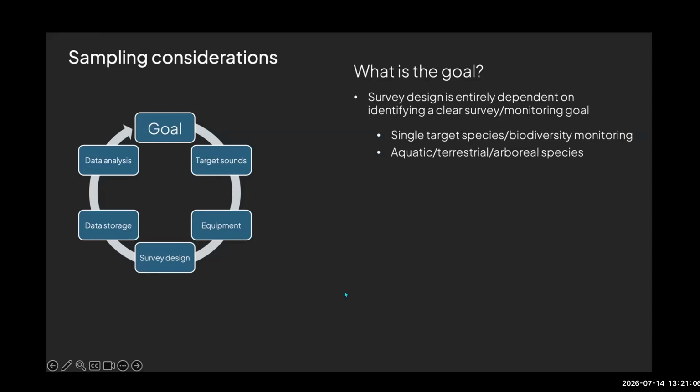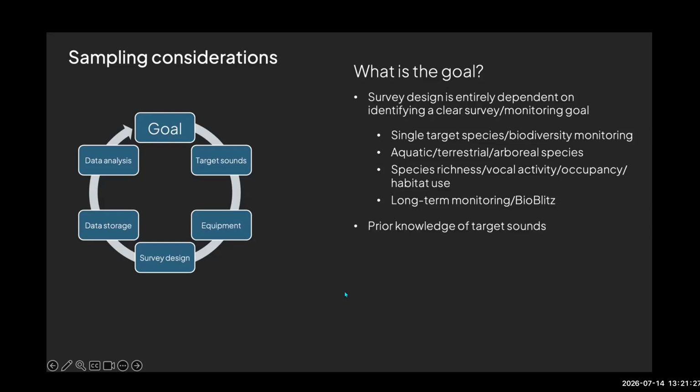Are you looking at aquatic, terrestrial, or arboreal species, or all of them? Are you interested in species richness, vocal activity, occupancy, habitat use? Also, is it a long-term monitoring project, or is it more like a short-term bioblitz that maybe gets repeated every once in a while?